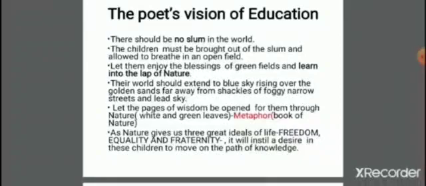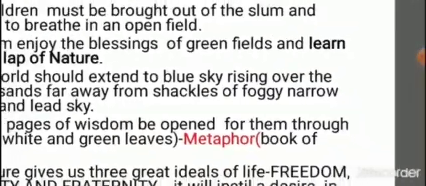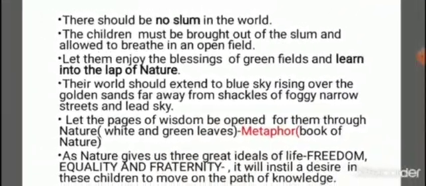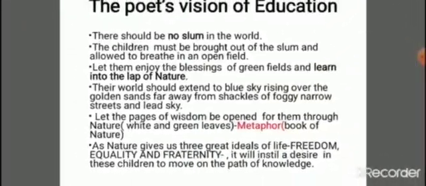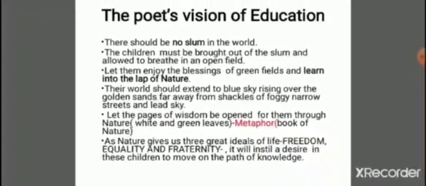So obviously he wants the children to be brought out of the slum and allowed to breathe in an open field, in a green field. He wants that they should run on the green fields and enjoy the blessings of nature and then learn in the lap of nature.